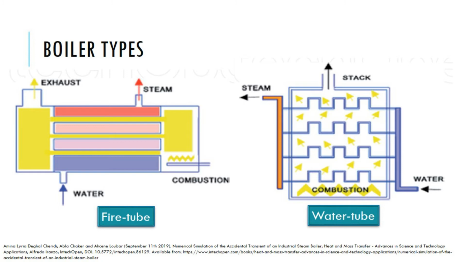Thus, if the materials used for the tubes in fire tube and water tube are different, then the points in this construction where you are more likely to find the corrosion will differ. For example, if you use the same material at the bottom and at the top, the same material is going to encounter water at a lower temperature and water or steam at a higher temperature.